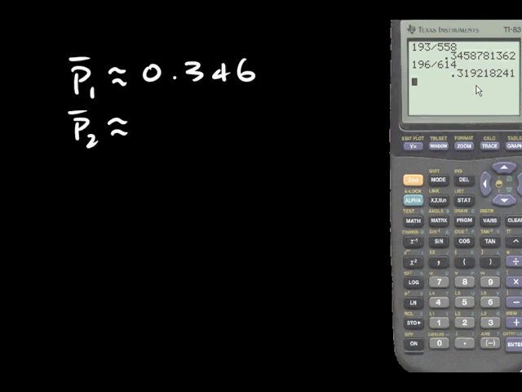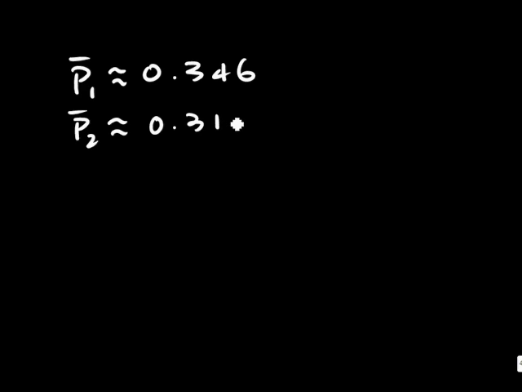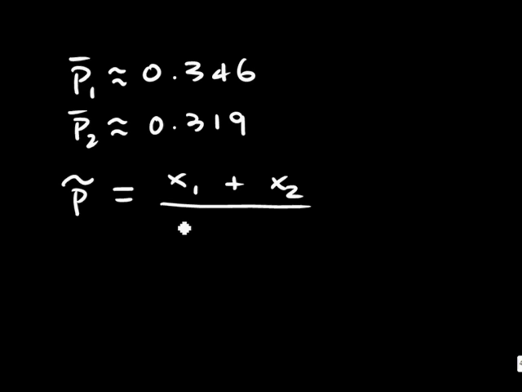Now, the thing about this is we also need what's known as a pooled proportion. That's when we pool our resources, put them together. The definition is the sum of the successes over the sum of the sample sizes for each population, the New York and the California. So here we'll get 193 plus 196 for the successes over 558 plus 614.